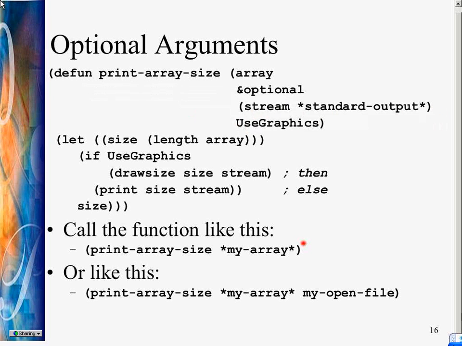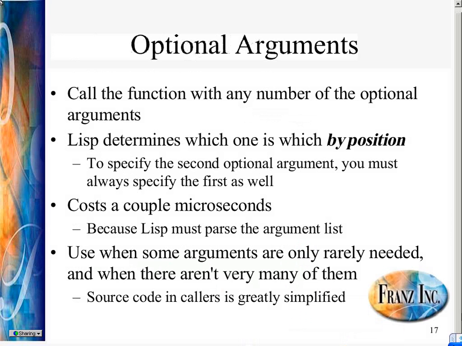So here we have 2 optional arguments. And again, you call it either with the one required argument, or here we have the one required argument with the value for the stream argument.